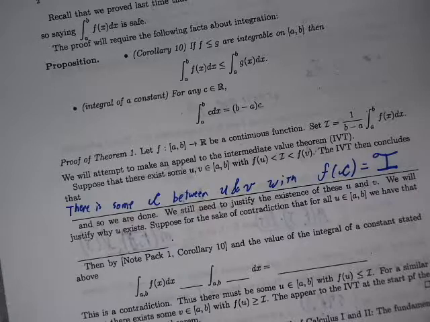Not there exists would be a for all, and I'm saying there exist two different things, so there will be an or between two universal quantifiers. So either this function will always be less than or equal to I, or the function will always be greater than or equal to I. That's the right negation.